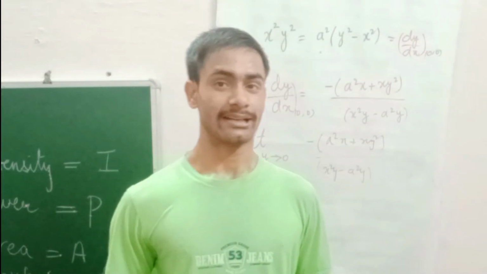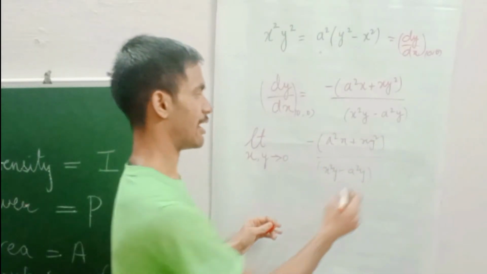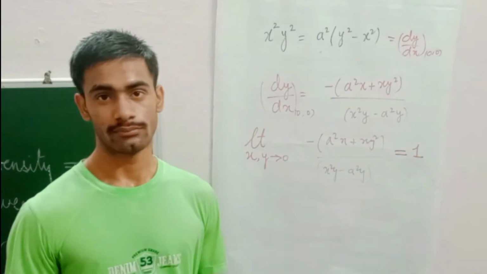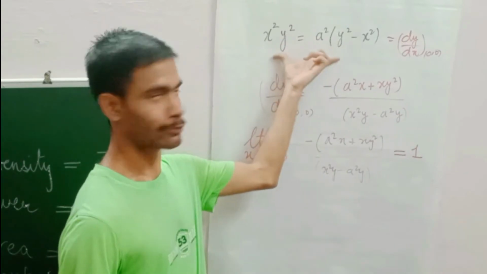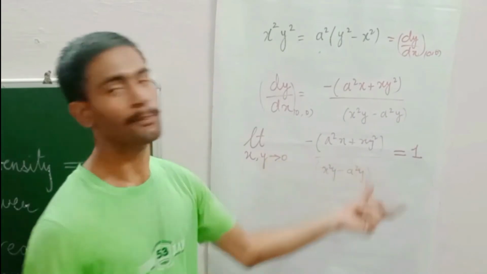So by doing that you can proceed. I can directly tell you the answer of this. This is equal to 1. So just find the value of this from this equation in terms of x and a, put that value here and apply a simple limit.